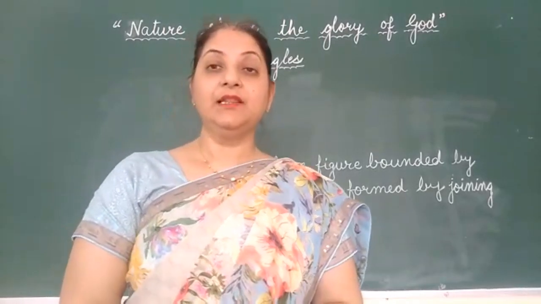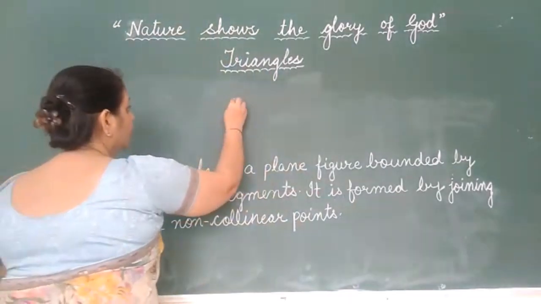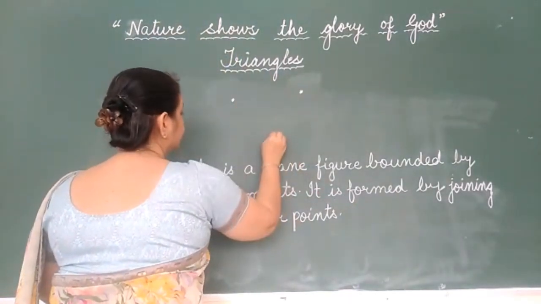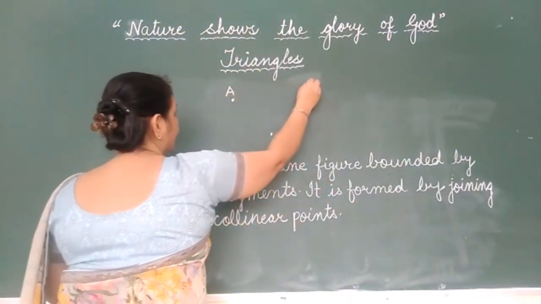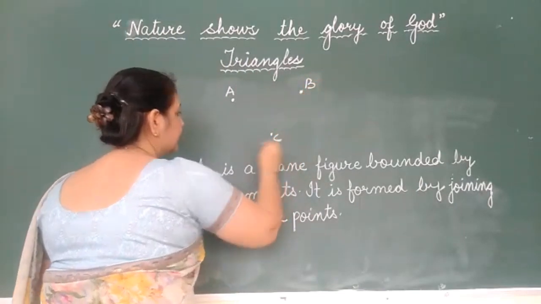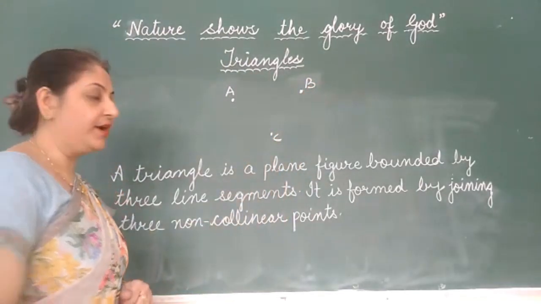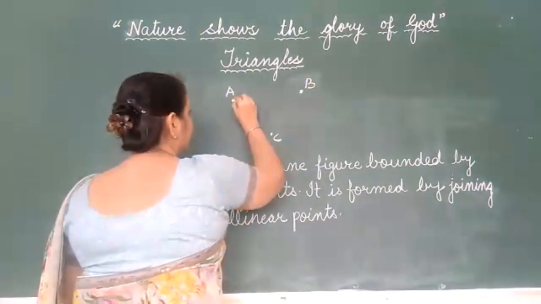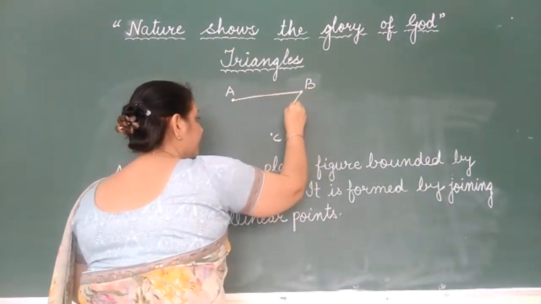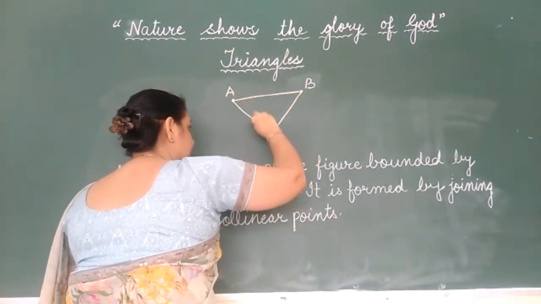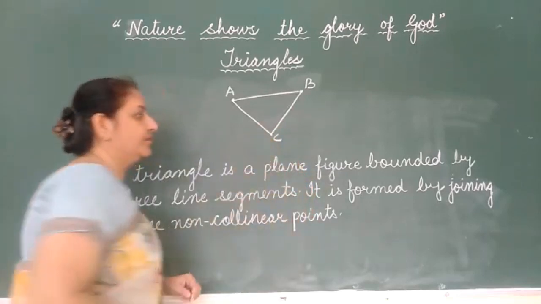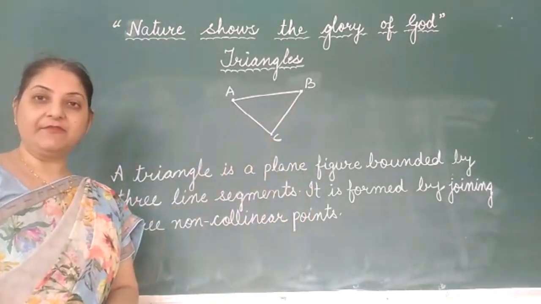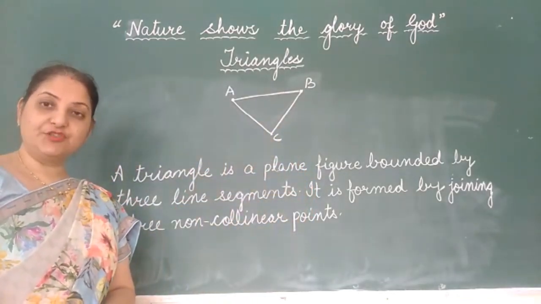Now children, let us take 3 non-collinear points. I am taking points A, B and C. And now I am going to join them with straight lines to get a closed figure. The closed figure which I have got is known as a triangle.